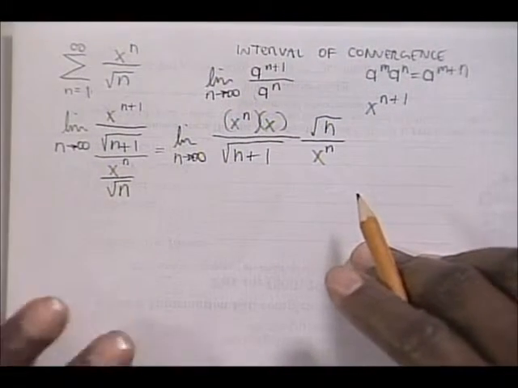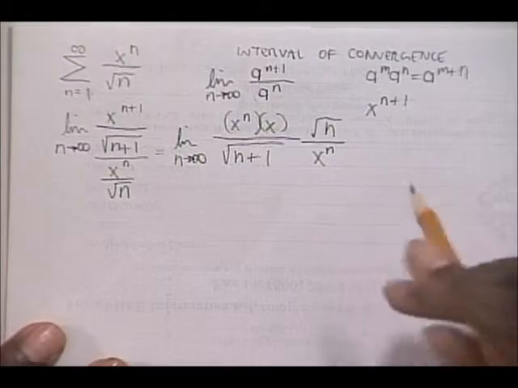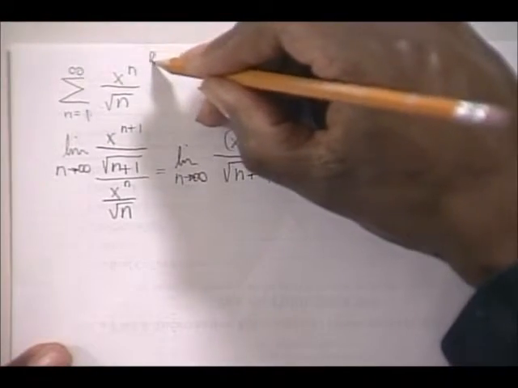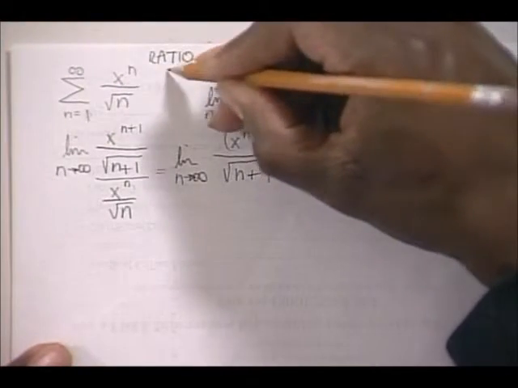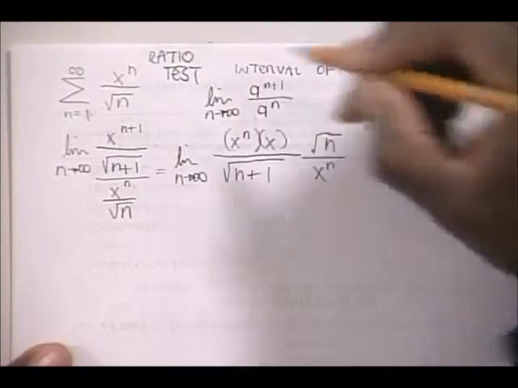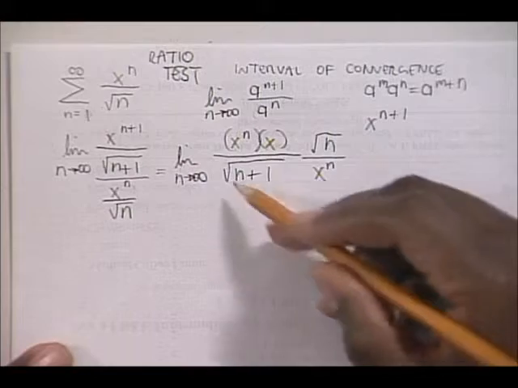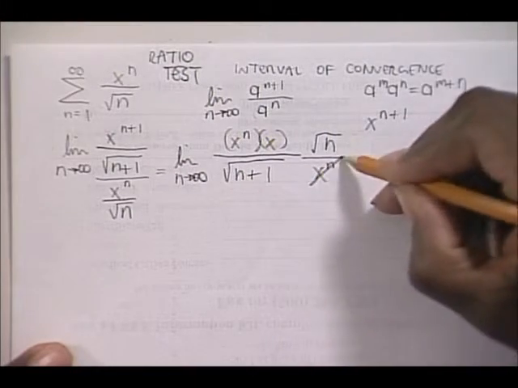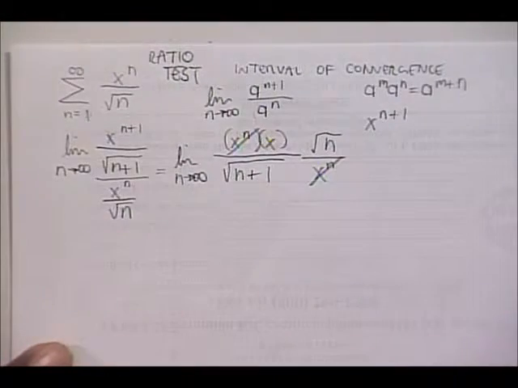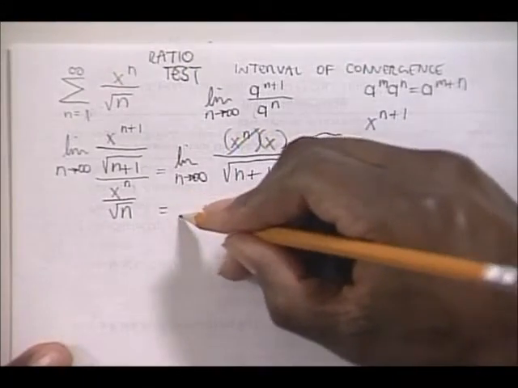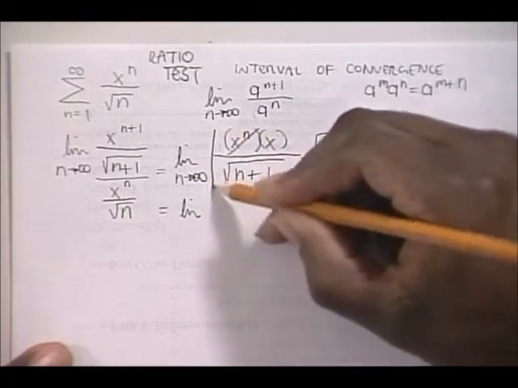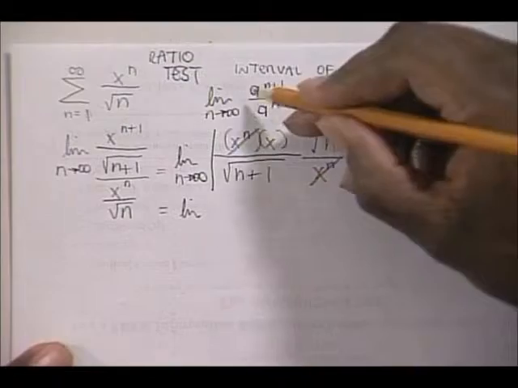A lot of times with this ratio test, and that's what we're using here, you're looking for cancellation to simplify this limit. So what you experience there is cancellation. So now what we have is the limit. Sorry, I should have mentioned that that's absolute value.